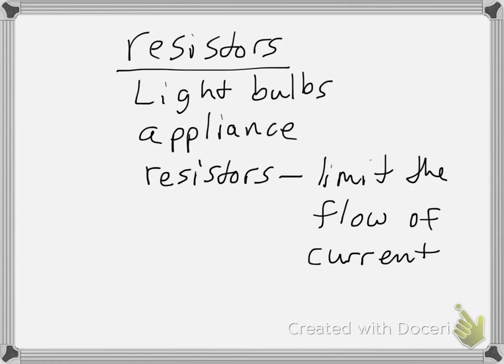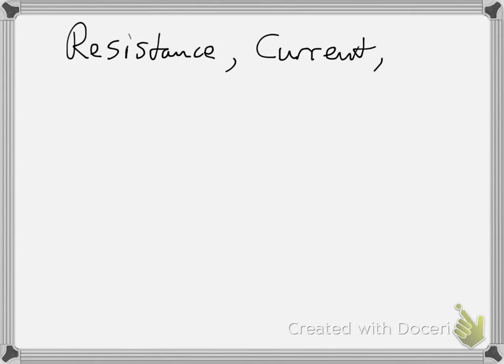And through some tireless investigating, there was a gentleman who developed a relationship between the resistance in a circuit, the current in a circuit, and the voltage, and this is known as Ohm's law.